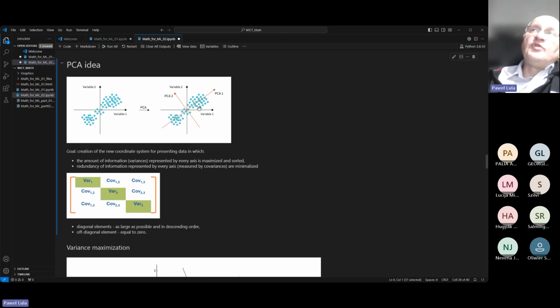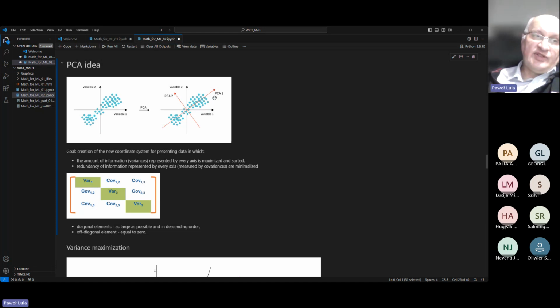So if we want to decrease the number of axes, first we should calculate all axes, and we should remove these which are at the end of this list, because the information value of coordinates related to this axis is the smallest.